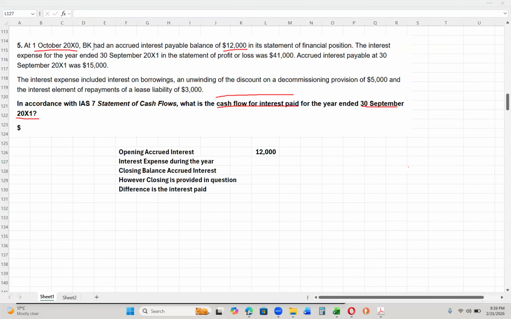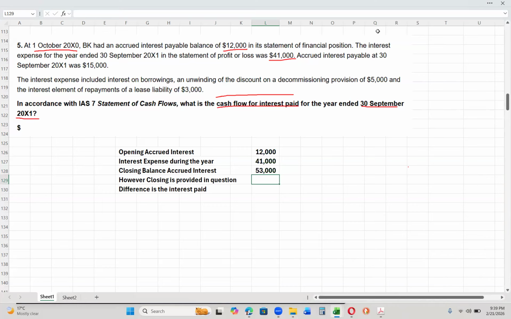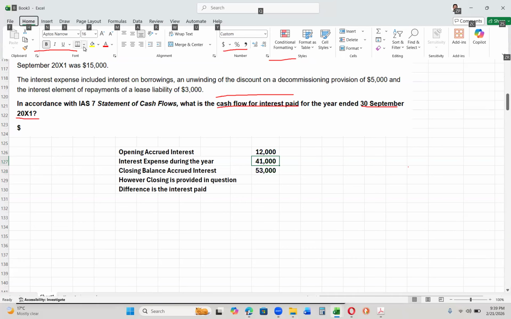The interest expense for the year ended 30th of September 20x1 in the statement of profit or loss was 41,000. We can fit it in this pro forma working. At the start we owed 12, the expense for the period is 41, so the closing balance is 53,000.